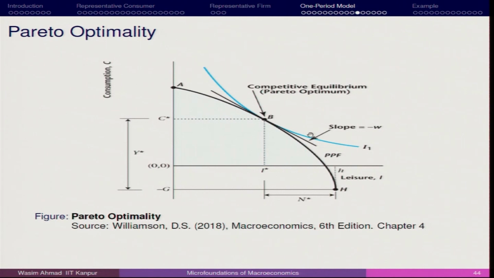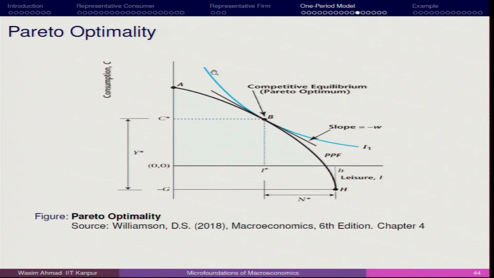Now, in the case of Pareto optimality, you can see that this is the output, so here we have minus G, the amount of output that goes to the government. Here we have the H minus L scenario, so this is the amount of work that this particular consumer is doing.